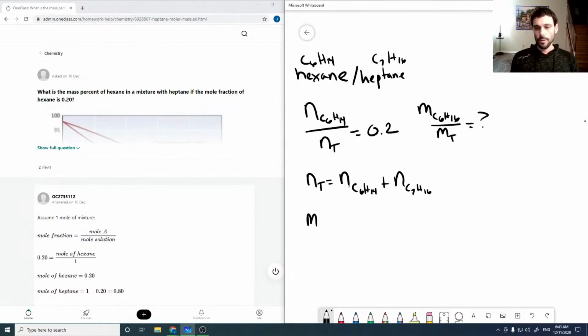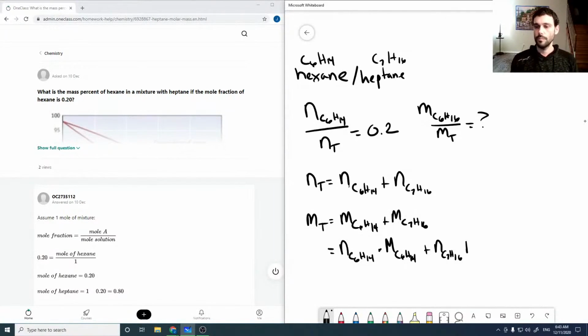Our mass total is then the sum of our masses, which we can write as our moles times our molar mass for each of these species.